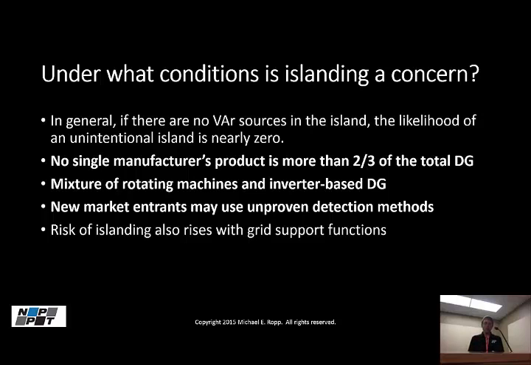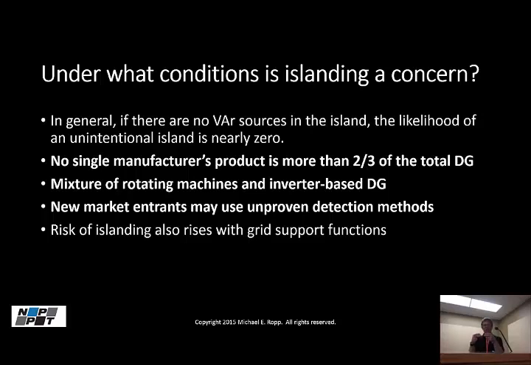I mentioned this new market entrant. Really, that one is kind of a subset of the multiple manufacturer case. Even with a new market entrant, if their inverter is listed under Underwriters Laboratories 1741, UL 1741, the tests in UL 1741 are derived from the recommendations in IEEE 1547.